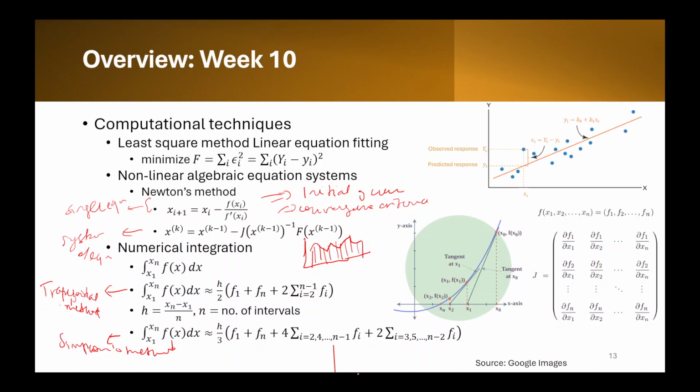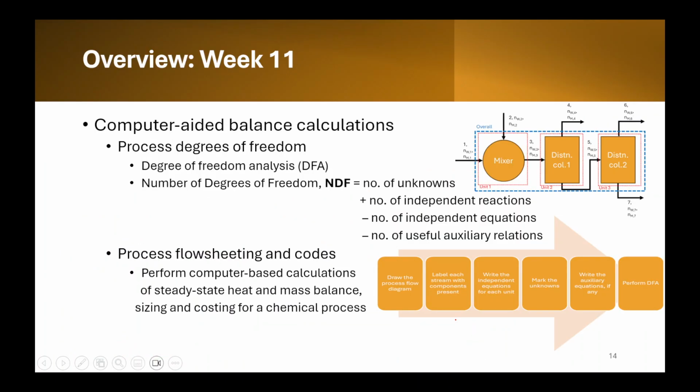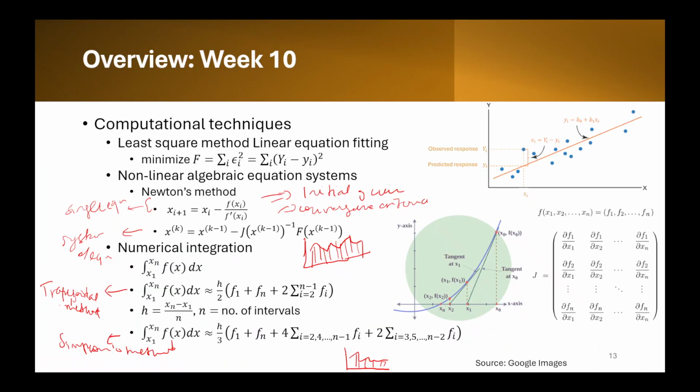And Simpson's method is basically, you have this curve and it approximates each section, whatever the interval you have given, as a parabola, and that's how you get this relation. Mind you, this n is the number of intervals and not the number of data points.